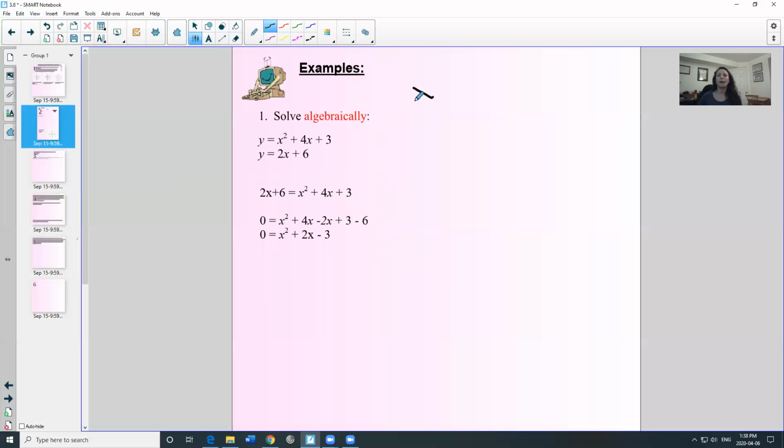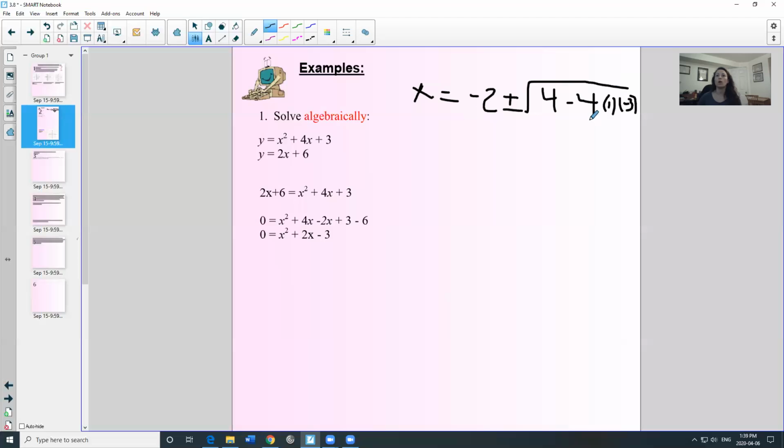All right, so x equals negative b. This is my b value. Okay, so negative 2 plus or minus the square root of b squared, 2 squared is 4, minus 4a, a is 1, and c is negative 3. So 1 and negative 3.